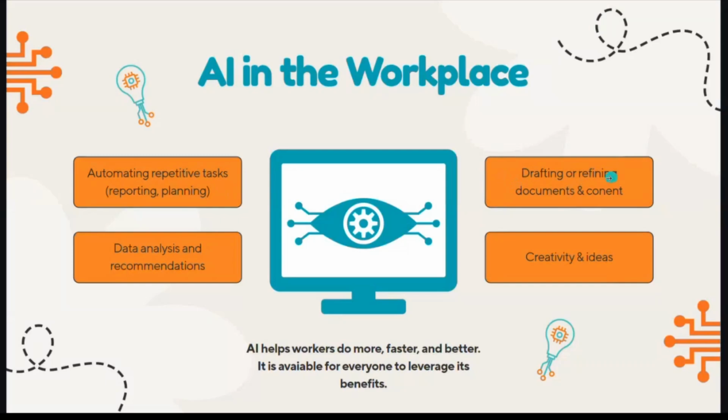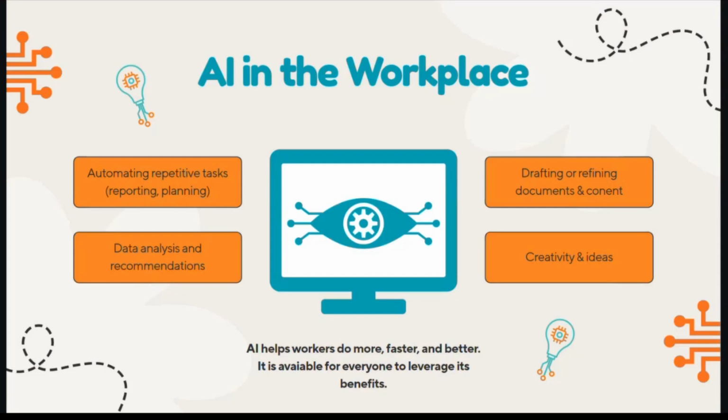Okay, that moves on to drafting or refining documents and content. You can draft documents, you can draft marketing content or learning content out of it. Or if you have some very basic ideas, you can pop it in there and you can use it to refine it. Then you get data analysis and recommendations.